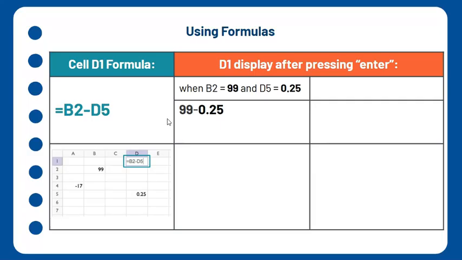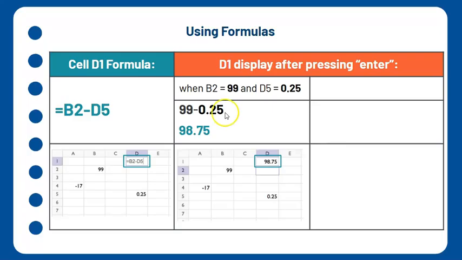Using the values in the spreadsheet, that would be 99 minus 0.25. 99 minus 0.25 equals 98.75, which we can now see is in cell D1. When we press enter after typing a formula, the spreadsheet will do the calculations and show the result in the cell where the formula was typed.